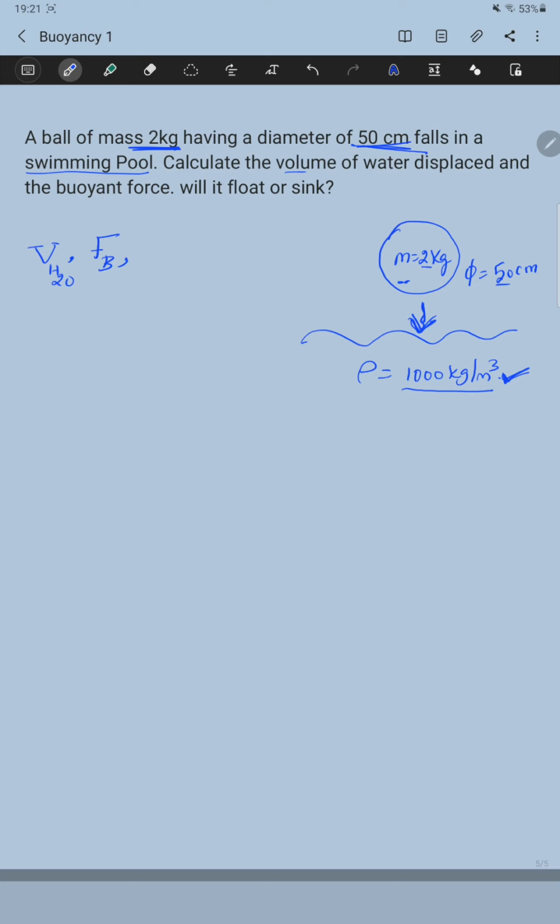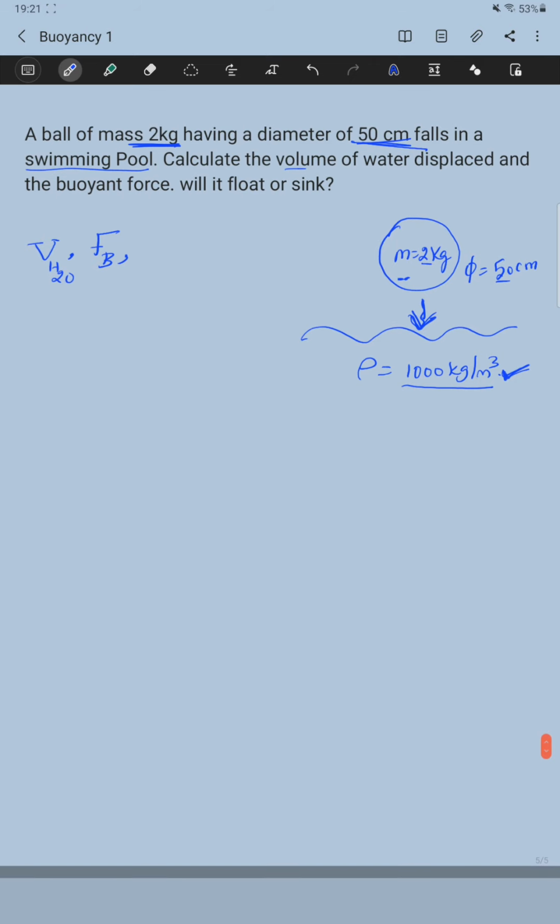In order to know if it will float or sink, I just want you to remember this. If the density of the ball is greater than the density of the liquid, then the body will sink.